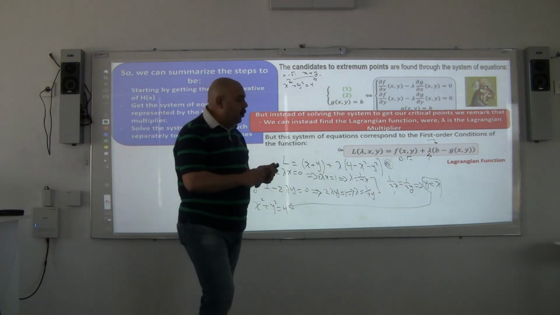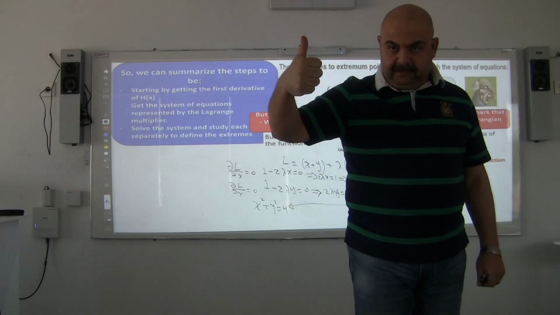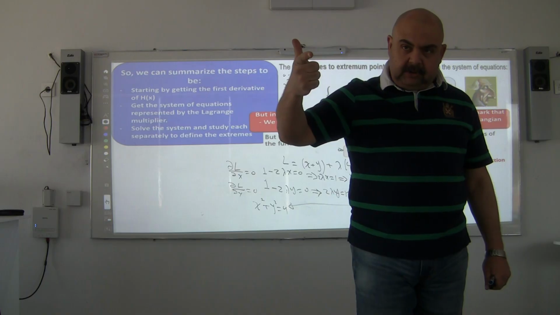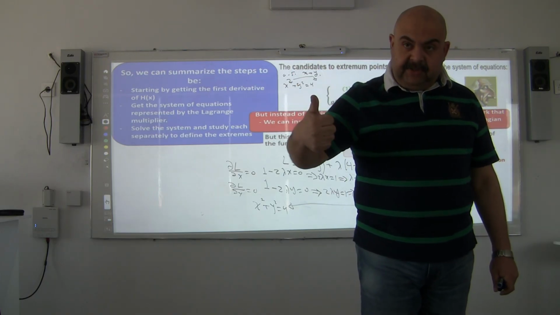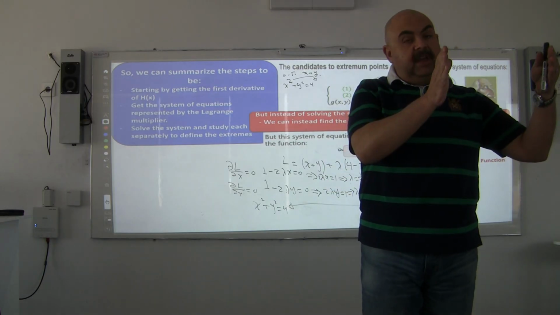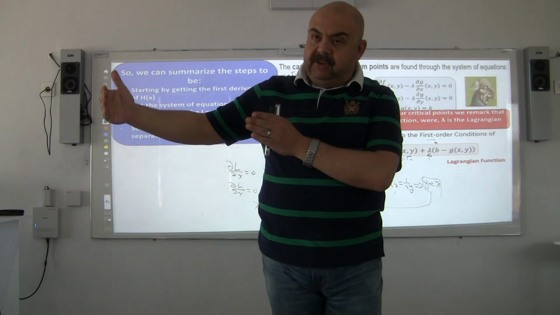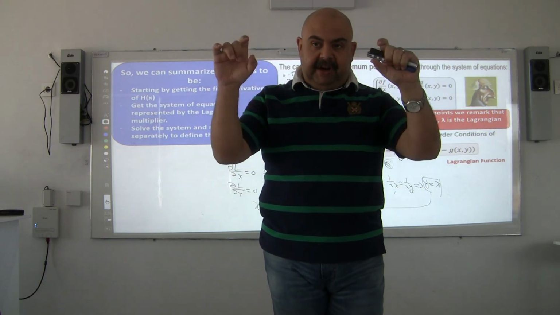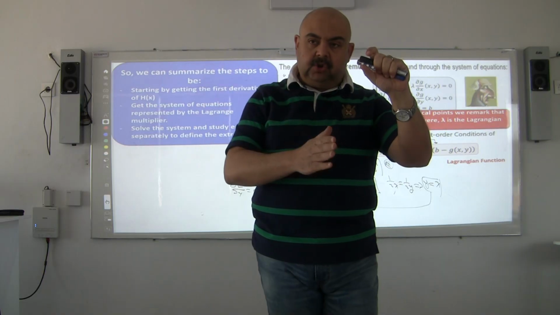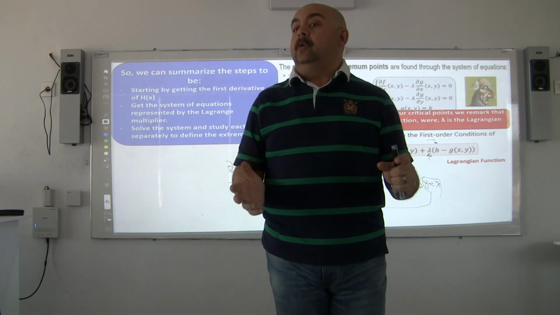So now we know that we have three methods: the implicit function, the substitution method, and the Lagrange. In the implicit function method, all I have to do is get dy by dx from the objective function, get dy by dx from the constraint, and put them equal to each other. You will have a relation, together with the constraint, that lets you get your optimal points.